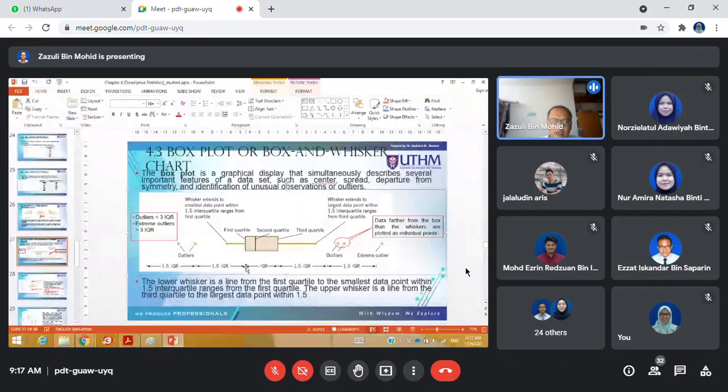Actually, this figure here, we have a little mistake. The whisker extends to the smallest data point within 1.5 interquartile range from the first quartile. You times this value by 1.5, you will have the whisker length.